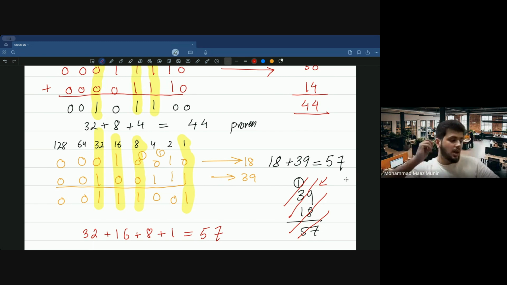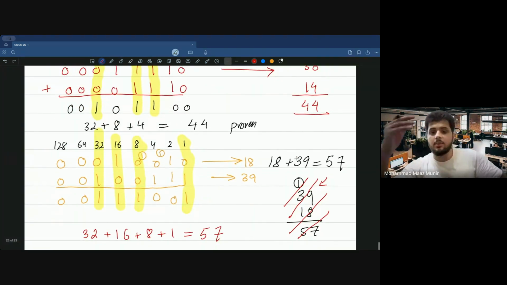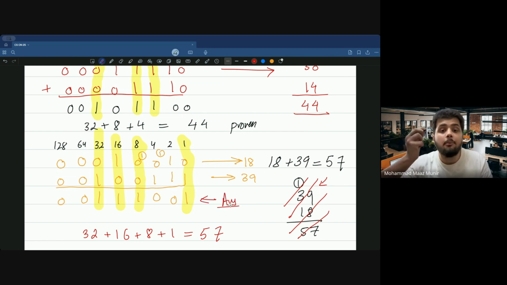No need to tell them that I solved the entire question like this. It's really important. This matters when you're given a question where you have to add two binary numbers. If I just show 39 plus 18 is 57 and give only that in the answer, I won't get the marks.